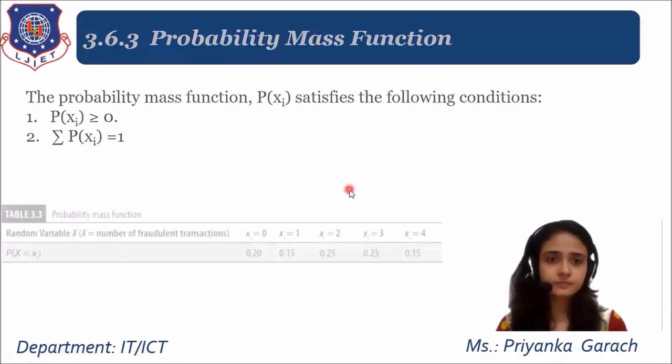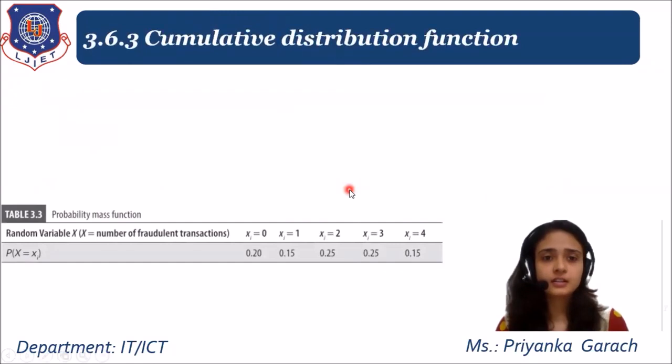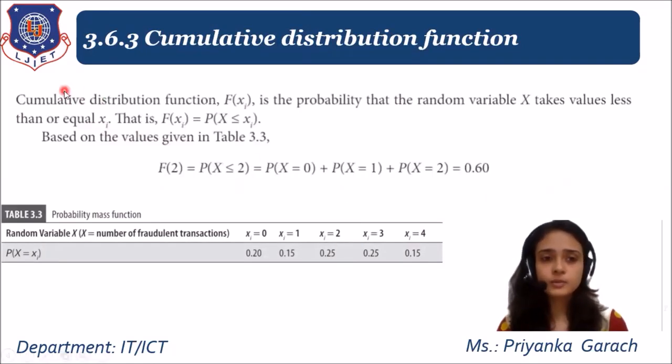Now let's see the cumulative distribution function. The cumulative distribution function, which is represented by capital F of xi, is the probability that the random variable x takes a value less than or equal to xi.